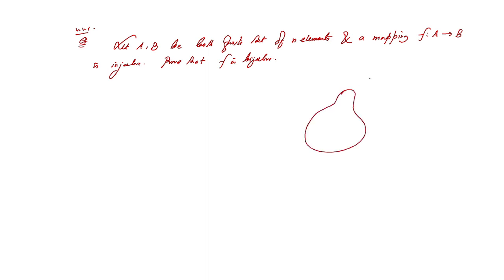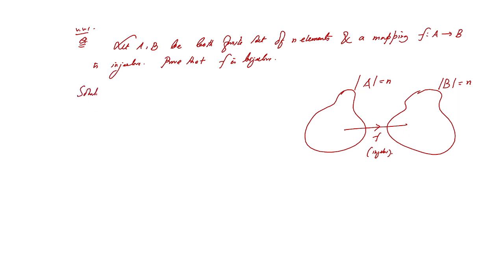That means if f is a mapping from A to B and both sets contain the same number of elements, the cardinality of the set B is n. If f is injective, then we can conclude f is surjective also. That means f is bijective. So how will we prove this problem?